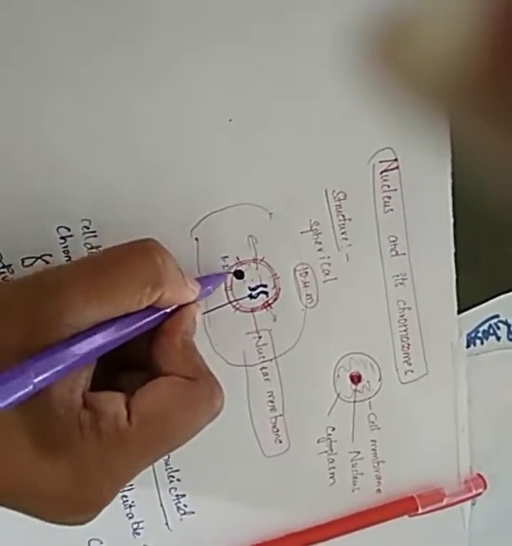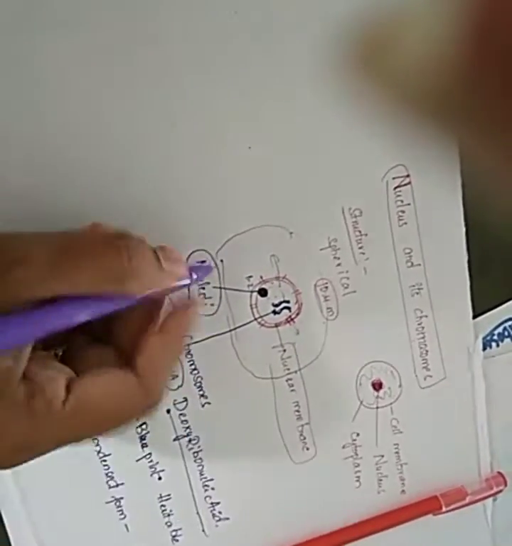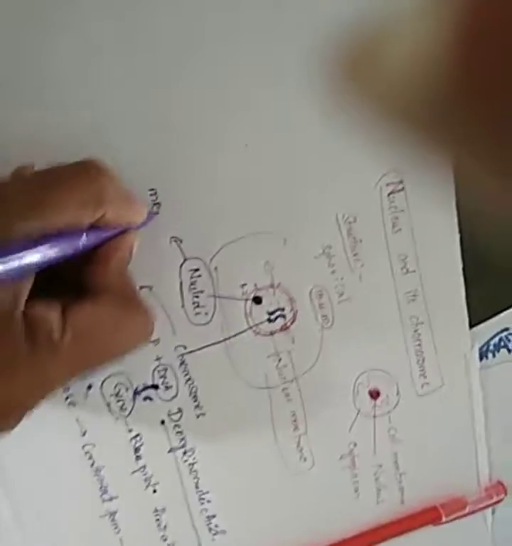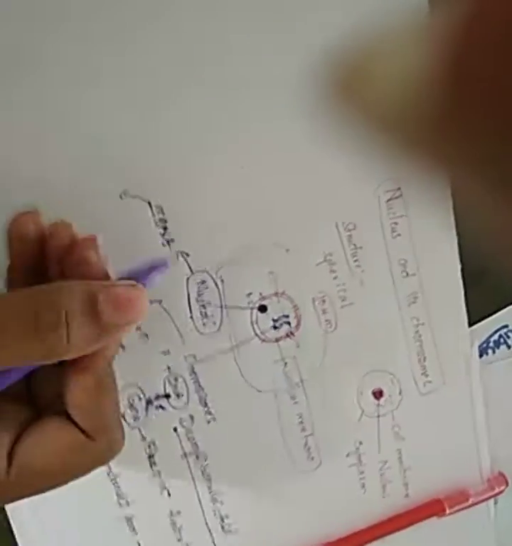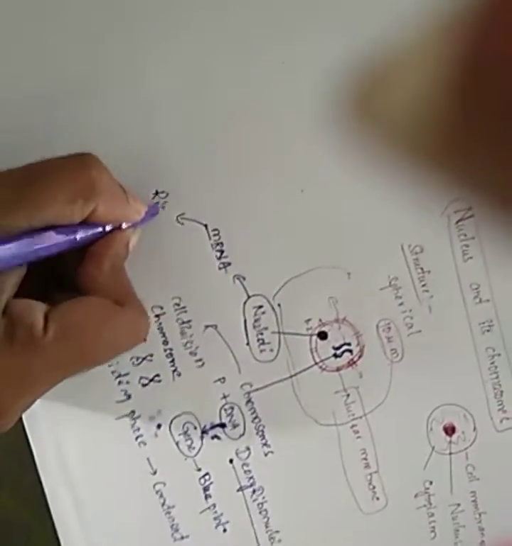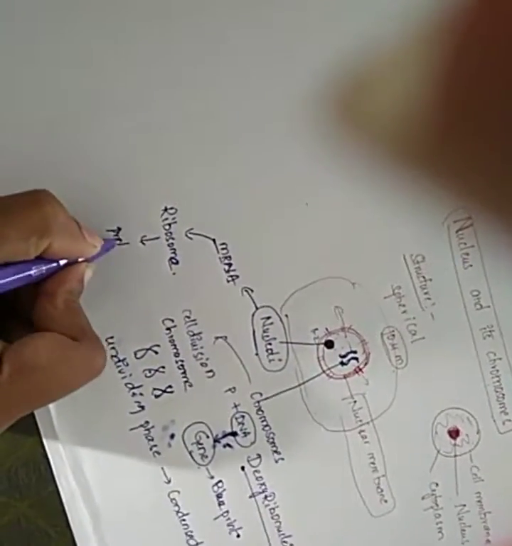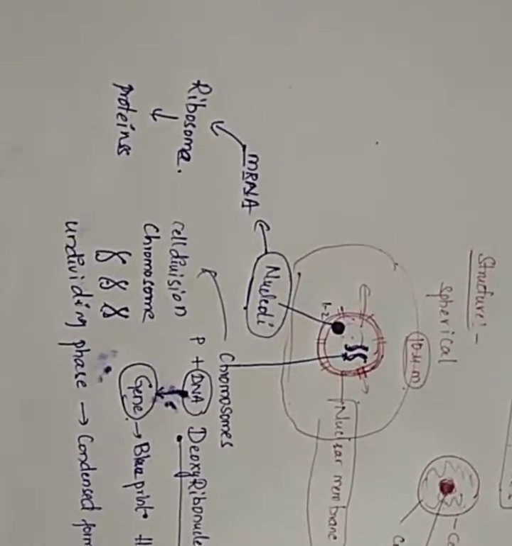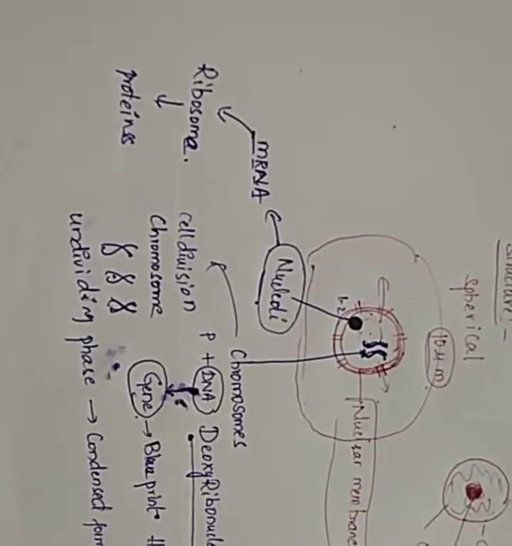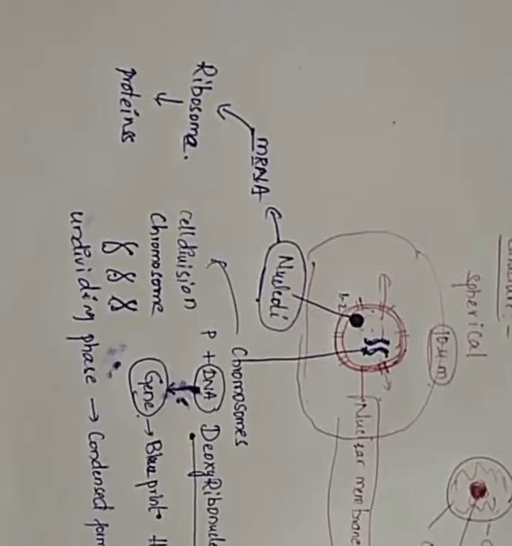One or two nucleoli are present within every cell, and they consist of mRNA molecules. mRNA means messenger ribonucleic acid, and this encodes for ribosomal proteins, ribosomes, which in turn produce proteins.